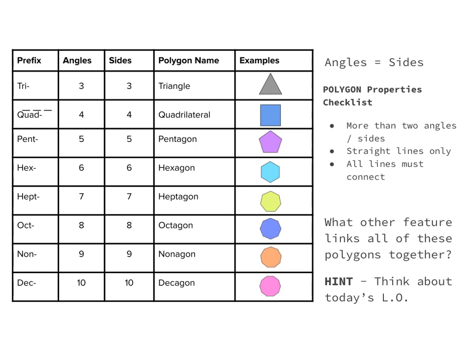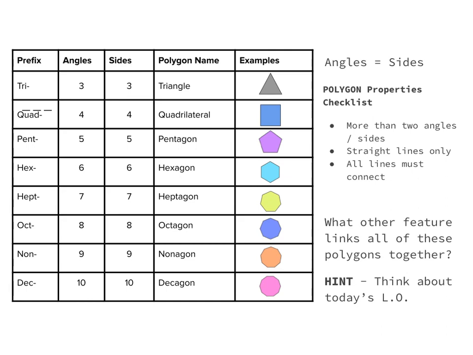Now, what can you notice about the number of sides and angles in all these polygons? Yes, they are exactly the same. The number of angles and sides for each polygon are the same. And we know that the properties of polygons are that it should have more than 2 angles, consist of straight lines only, and all lines must be connected.